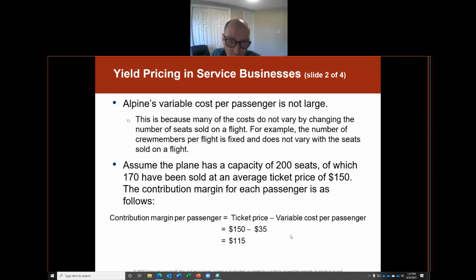Okay, so how do I find the sales price for each ticket? Let's assume that we have a plane that has a capacity of 200 seats, of which I sold 170 seats at $150 per ticket. What is my contribution per seat? So we take ticket price 150 minus variable cost per passenger, gets me contribution per ticket 115.